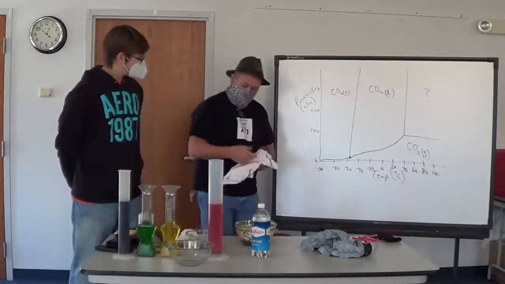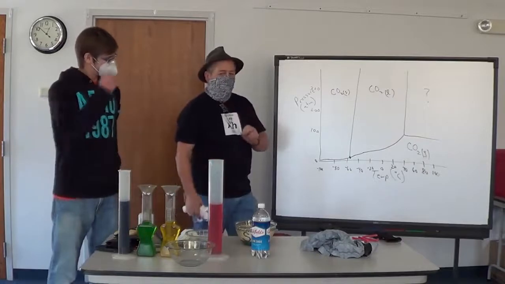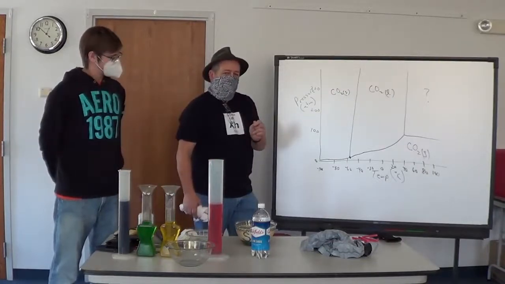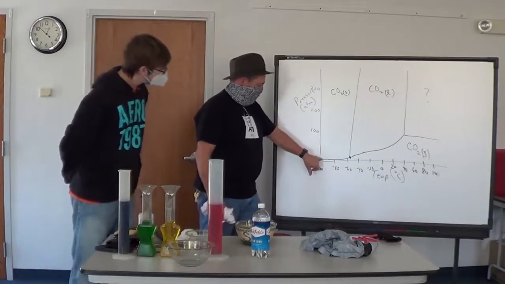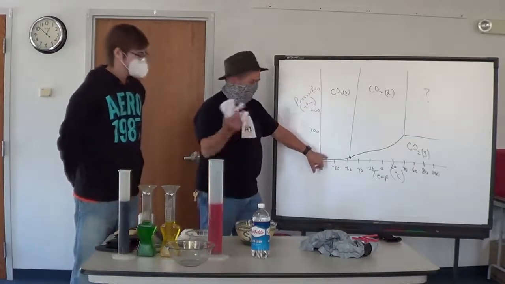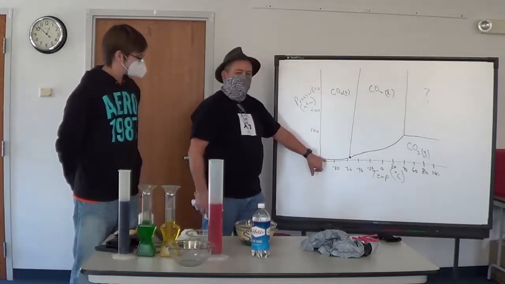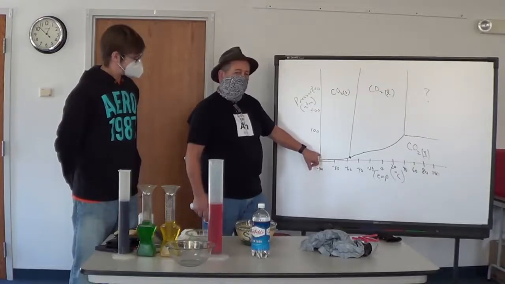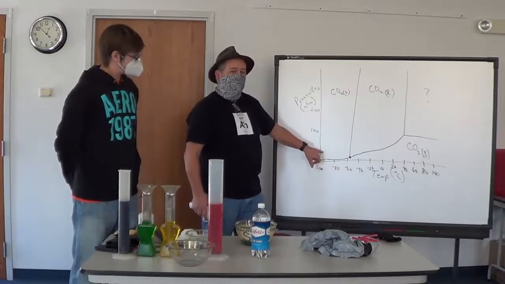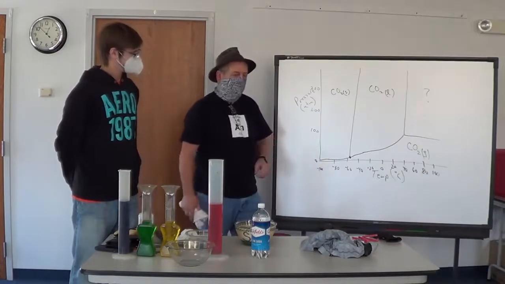But first of all, a few precautions. Carbon dioxide's normal melting point, at 1 atmosphere of pressure, which is our normal air pressure, is down around negative 109 on the Fahrenheit scale, about negative 79 on the Celsius scale.